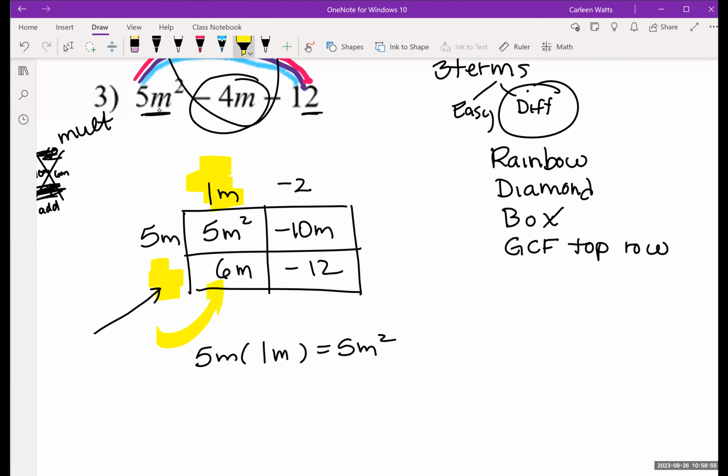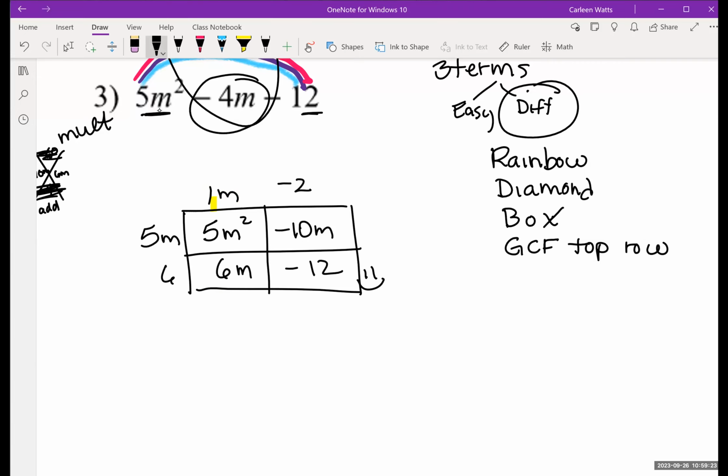What am I missing here? Looks like I have enough m's. Looks like I need, ding, ding, ding, 6. Now, I'm really hoping that this number times this number will give me this number. Yeah, ding, ding, ding. Okay, 6 times negative 2 is negative 12. Happy face, it worked. So it factors into 5m plus 6, m minus 2.